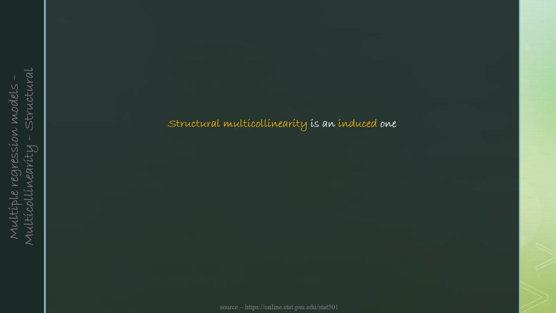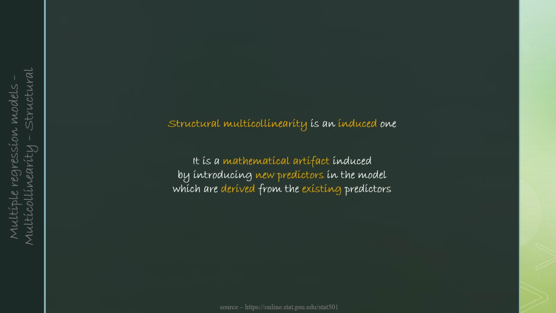Let's now turn our focus towards structural multicollinearity. Structural multicollinearity, as against the data-based multicollinearity, is an induced one. It is a mathematical artifact induced by introducing new predictors in the model which are derived from the existing predictors.